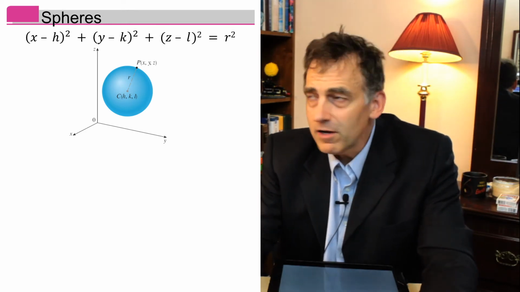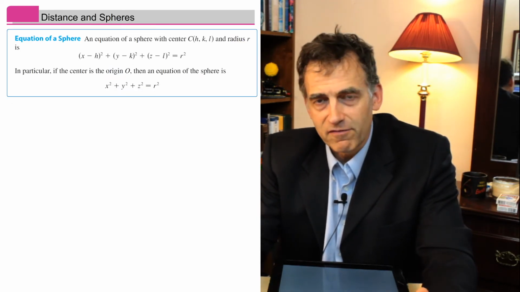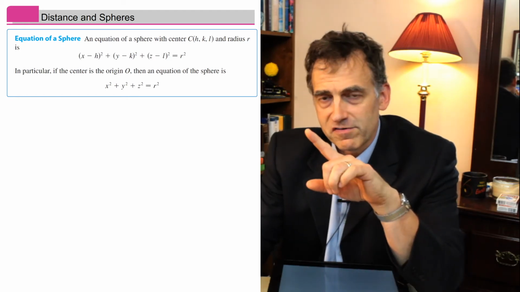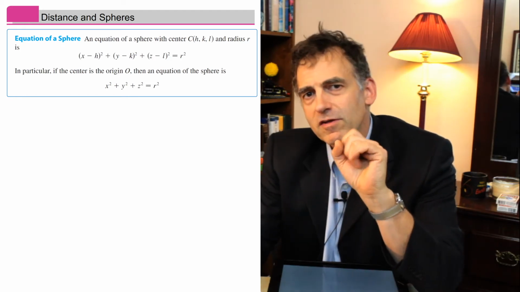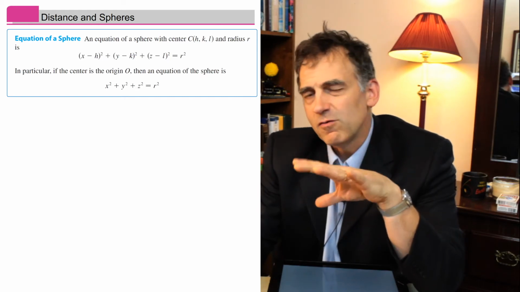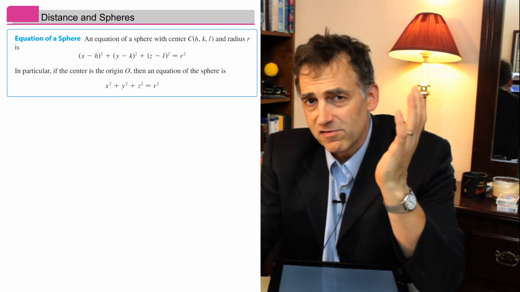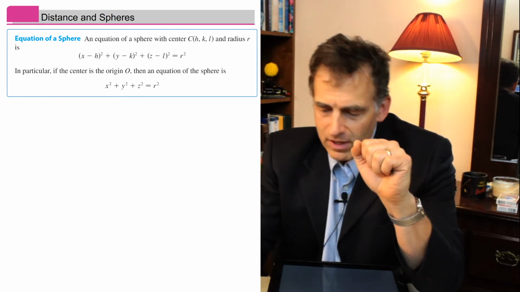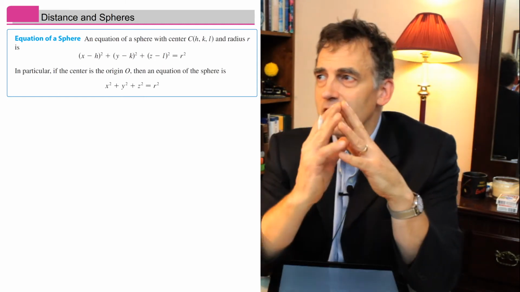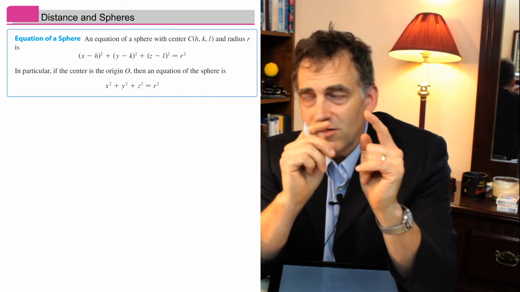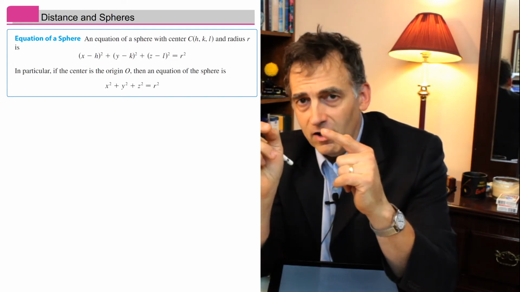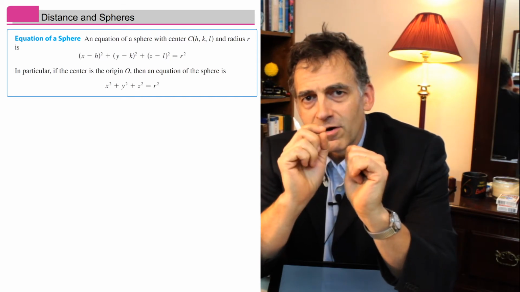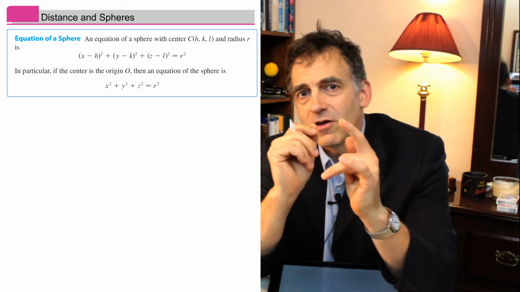So let's do our spheres. A sphere is defined as the set of all points that are equidistant from a center. And here's the equation of a sphere. Basically, you take the distance formula and you square it, because who wants a square root lying around when you don't need it? The center is (h, k, l), and the distance from the center squared would be the radius squared.